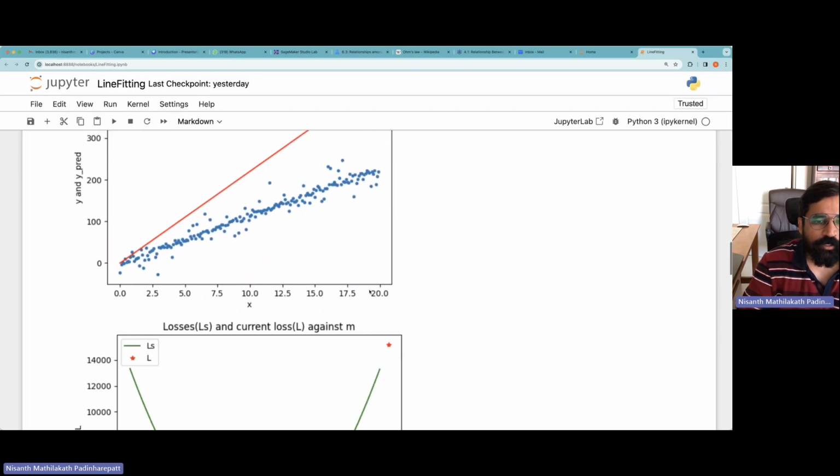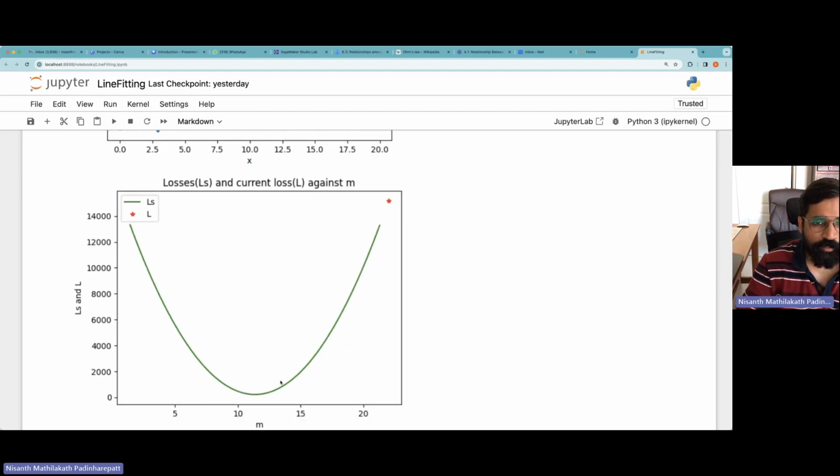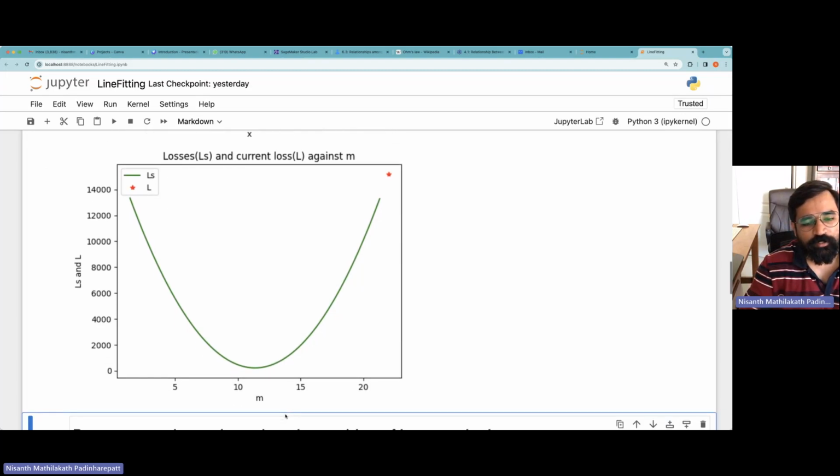So I have drawn a curve here. This curve is for the parameter m, right? The x-axis represents the parameter m. For various values of m, what is the loss for the given observations? If m equal to m1, say 22, this is the loss.